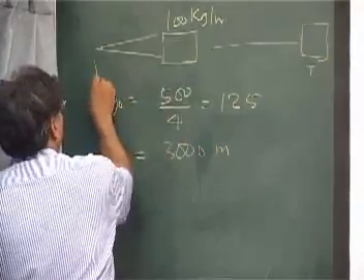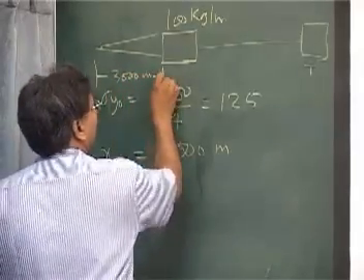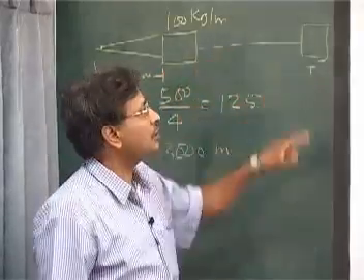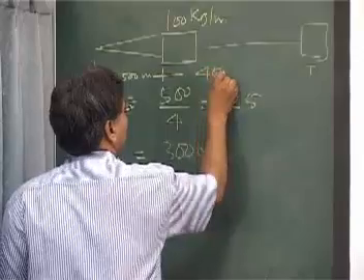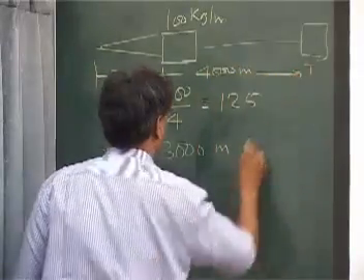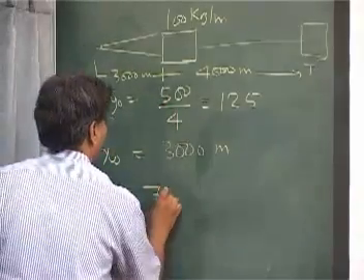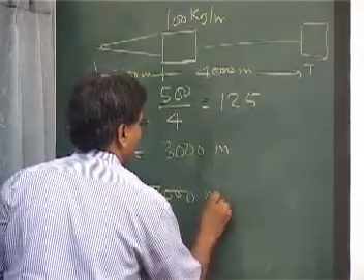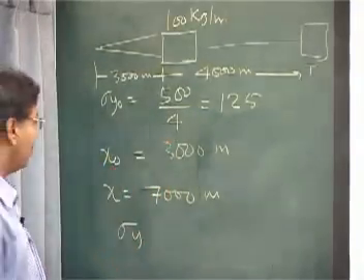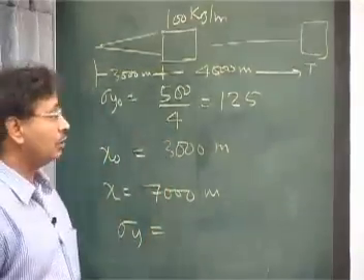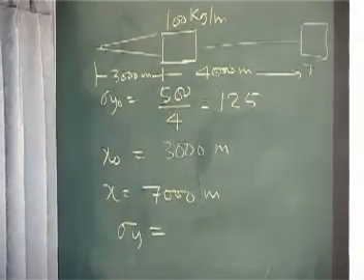So this distance is 3000 meters. And what is the distance from the center to this? 4 kilometers, 4,000 meters. So your x is really 4 plus 3, 7,000 meters. So the sigma y spread by the time it goes to Taj Mahal, I have to find out at 7 kilometers.